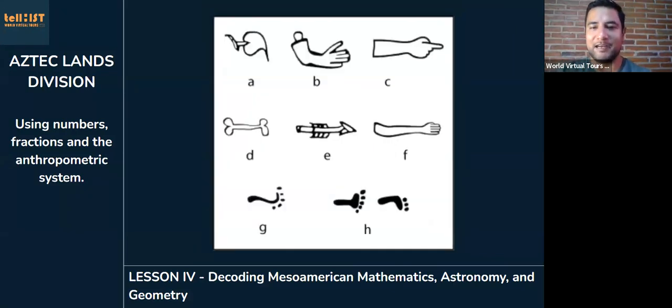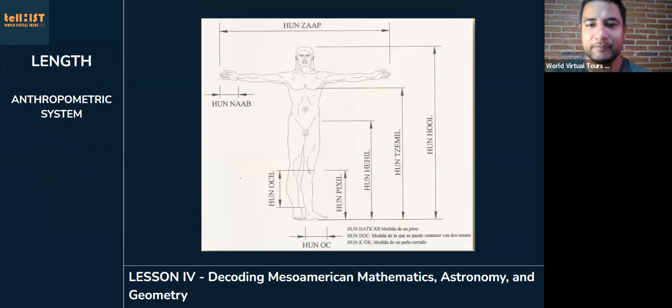Okay, these are other measures. They had elbow, they had the shoulder, they had the heart, the arrow, the foot, for measuring different elements, especially in the lengths and especially speaking about the lengths.